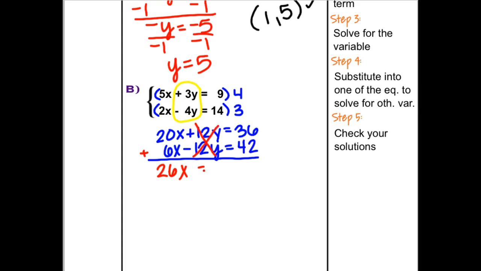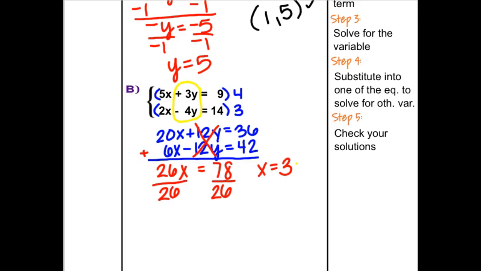These cancel. And 6 plus 2 is 8. 3 plus 4 is 7, so I get 78. So then I'm going to divide both sides by 26. And I just so happen to know that 78 divided by 26 gives me 3. So then I can take that 3, and I have x equals 3.